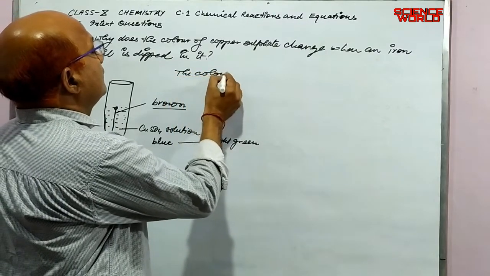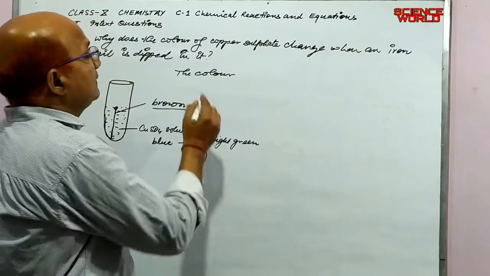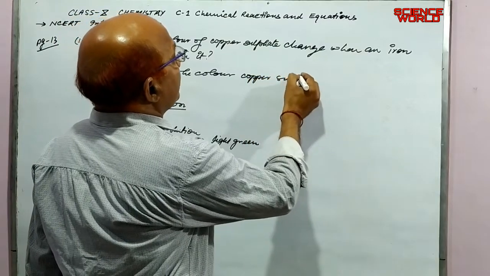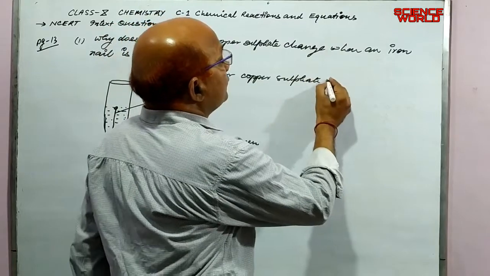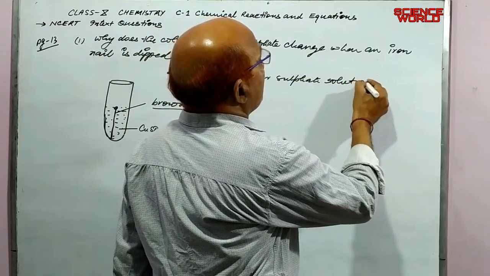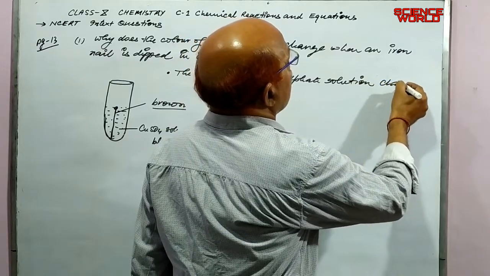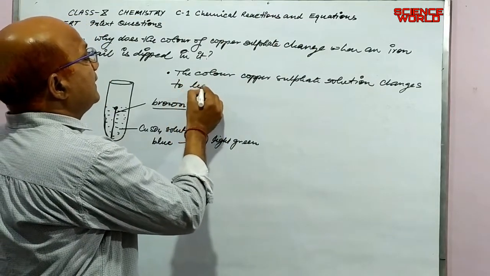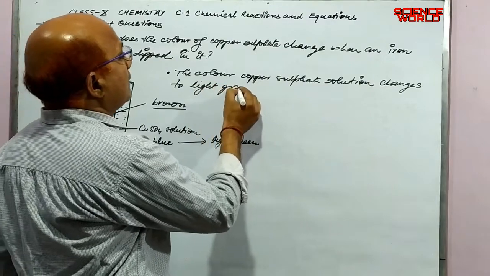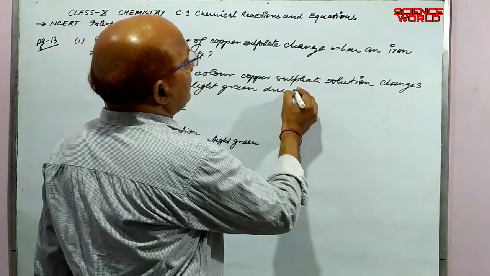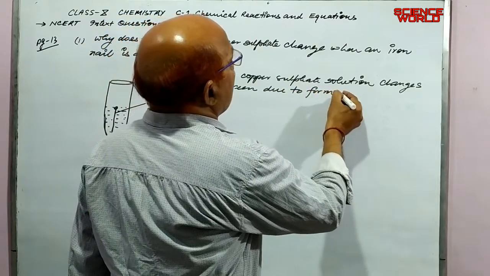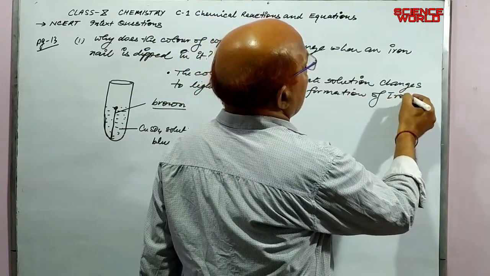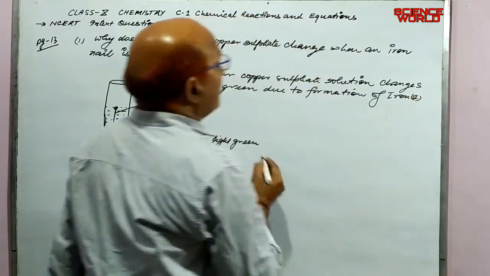So, you can write this like this: the color of copper sulfate solution changes to light green due to formation of iron(II) sulfate.